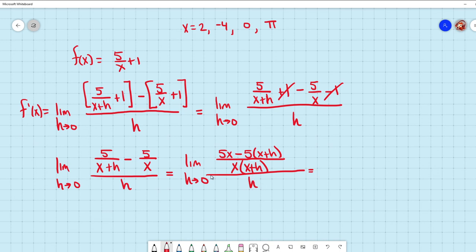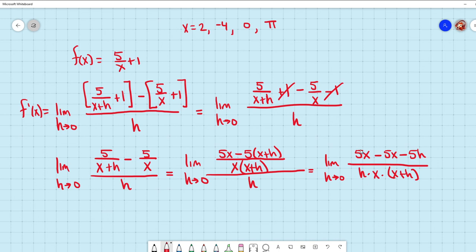I'm going to just carry out this division so we just have a proper fraction. My denominator would be h times x plus h. And at the top is my 5x minus, and I'm going to distribute the 5. So it's negative 5x minus 5h.